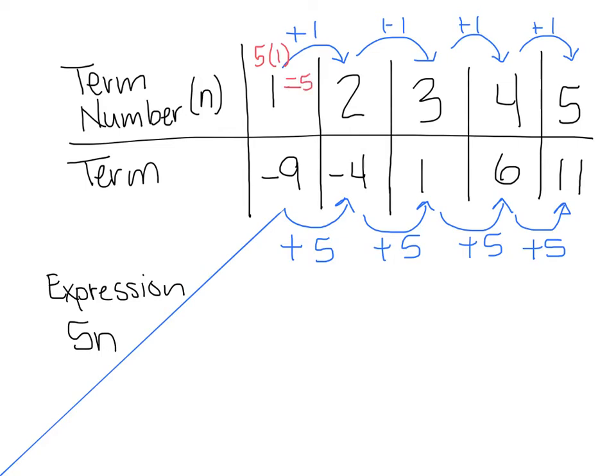Okay, so my expression is off from that one. 5 times n is the term number, implies that it should be 10. That is off. 5 times the term number, that's 15. Forgot to put my equal sign here.